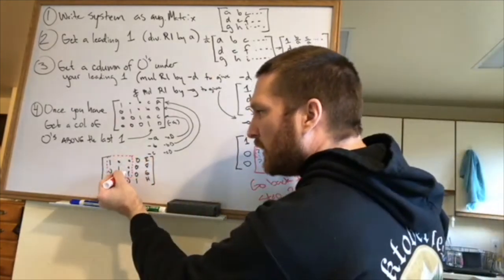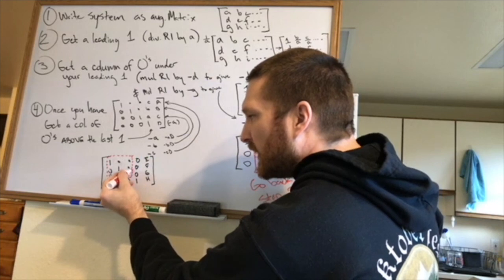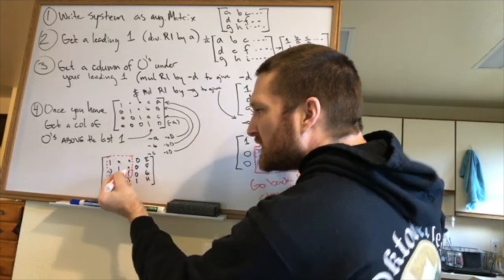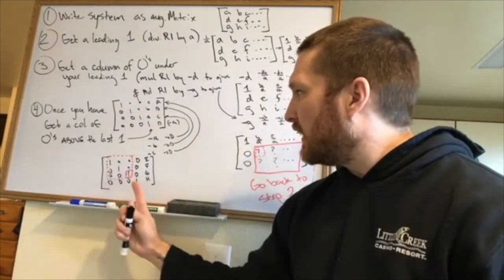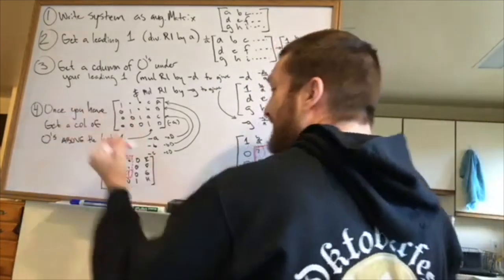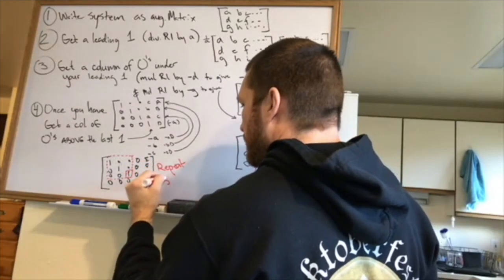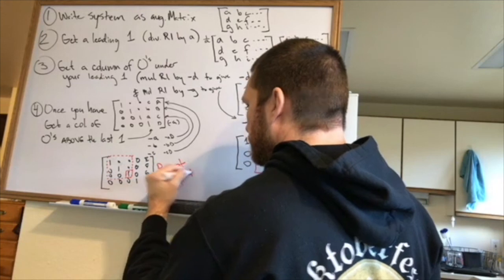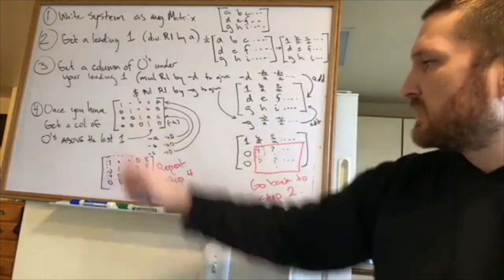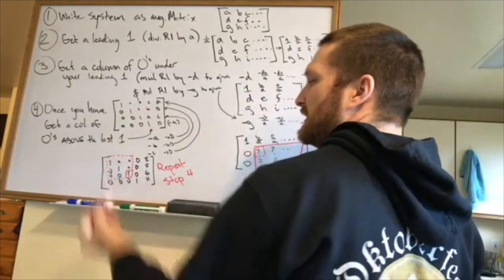Starting here, we already have our leading one or our trailing one. We could use this to get zeros above the last column. In other words, repeat step 4, so that you get zeros above there. Move back 1 and repeat so you get zeros above there.